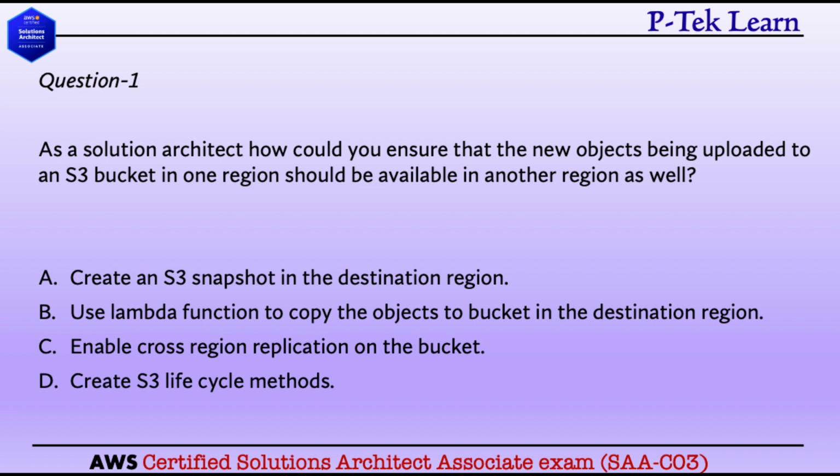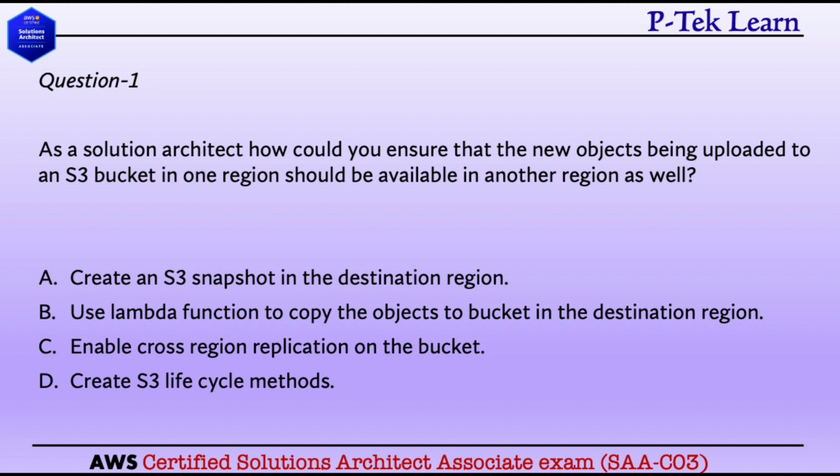Option B. Use a Lambda function to copy the objects to a bucket in the destination region. Okay, using a Lambda function that can be done, but it's an overhead. The object needs to be automatically copied to another bucket in a different region. So this option is not viable.